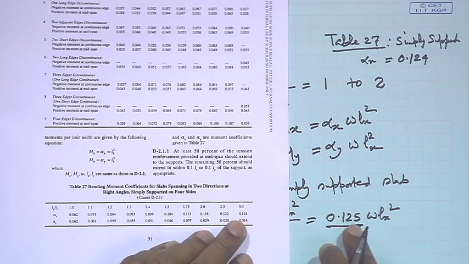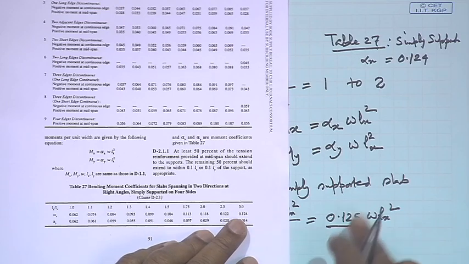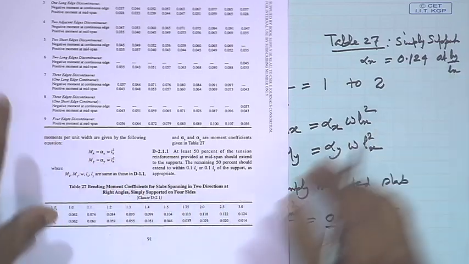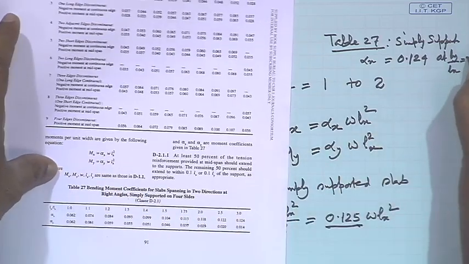That means here we are getting 0.125, and it is 0.124 at Ly by Lx equal to 3.